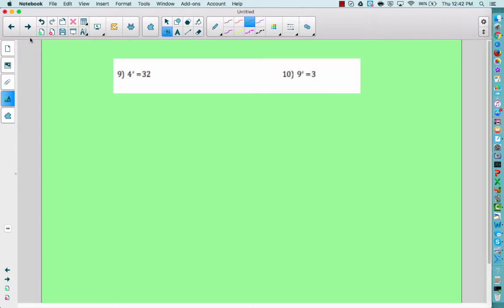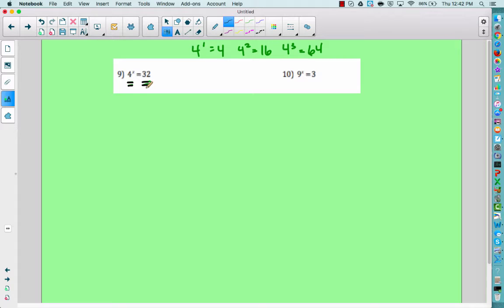All right, let's try a couple harder ones. 4 to the x equals 32. Now, 4 is a factor of 32, but I can't write 32 as a base 4 number because 4 to the 1 is 4, 4 to the 2 is 16, and 4 to the 3 is 64. Sometimes you do have to change both sides to make them the same.